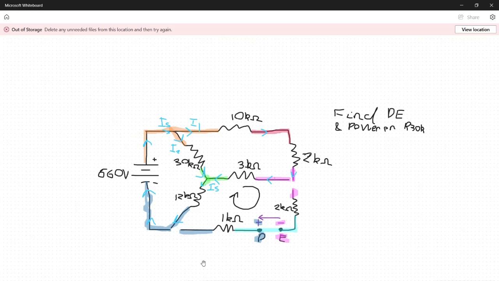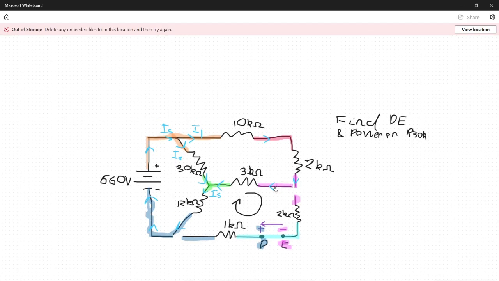So, first of all, to actually get the voltage, we're going to need to look. We can see that this red line and this pink line are branches, because the current doesn't split in these lines.